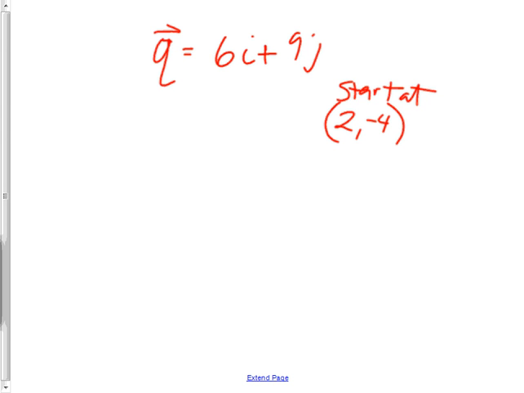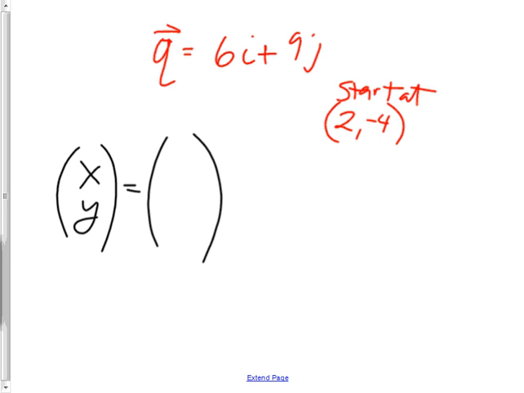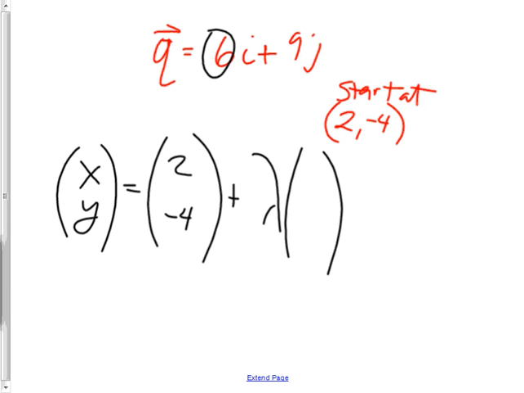Okay, so here's how this should work. To start with, it's an equation, and vector equations always start with this. Always, always, always. And then we need the starting point, which is really simple. We start at 2, -4, piece of cake. Then we need a plus lambda and kind of like directions on what direction to go. And this tells me that. And so 6 and 9. There we go. Raise your hand if you had it right.